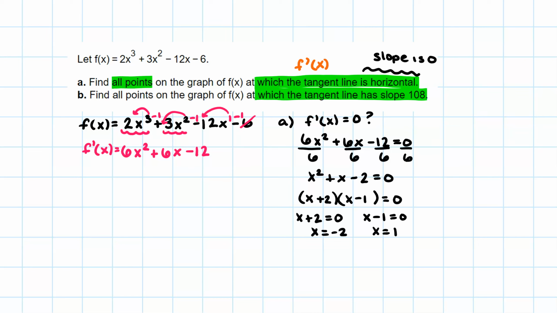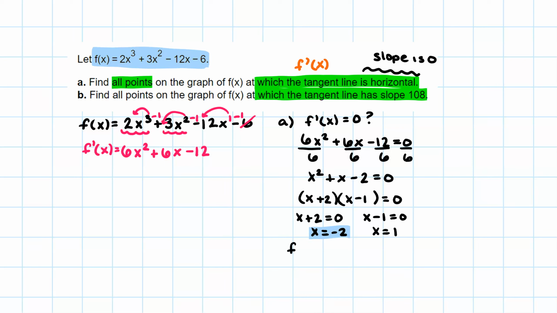So the points are actually on this function, right? So I know that when x is negative 2, the slope of the tangent line will be 0. But what point is that? Well, I don't know. I have to go back and plug it in.